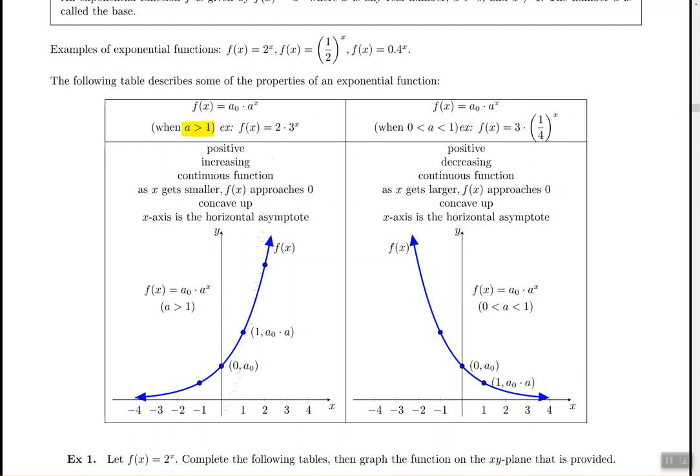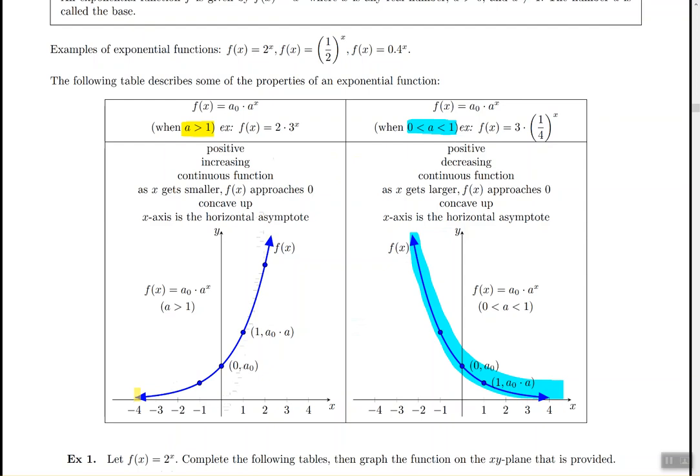Now, what about if the base is some number that's between 0 and 1? So things like 1/2, 1/4, 8/9, things like that. Then we will notice in these functions, or these bases, that the function starts very high and it goes down super fast. It goes down quickly and it becomes almost horizontal at the end. So that's the general shape. So when the base is between 0 and 1, you go downhill.